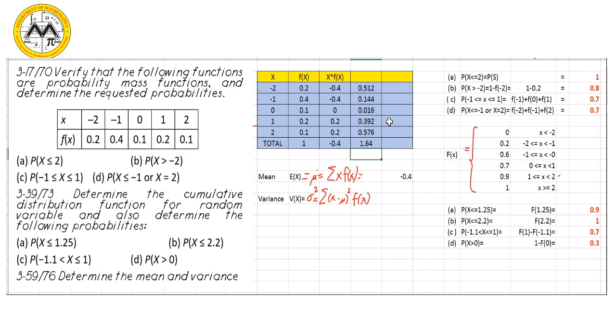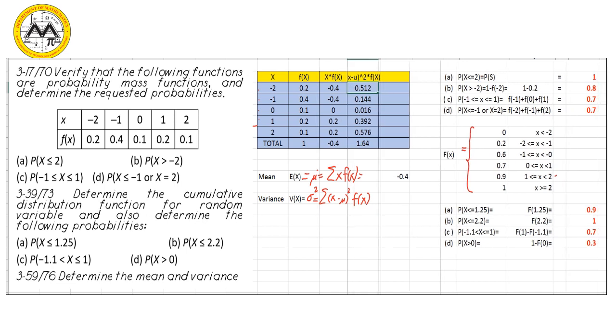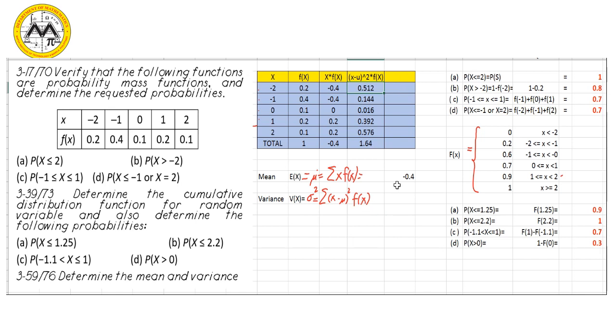So this is x minus mu squared times f of x. So the variance is 1.64.